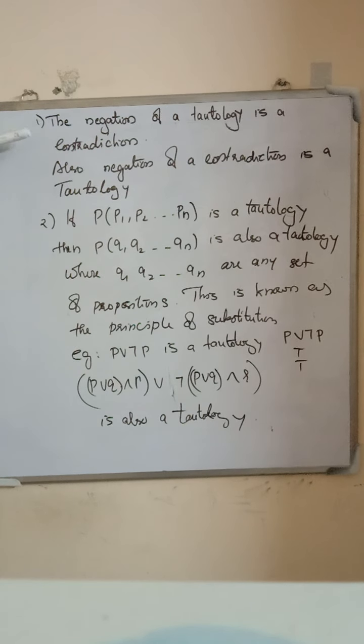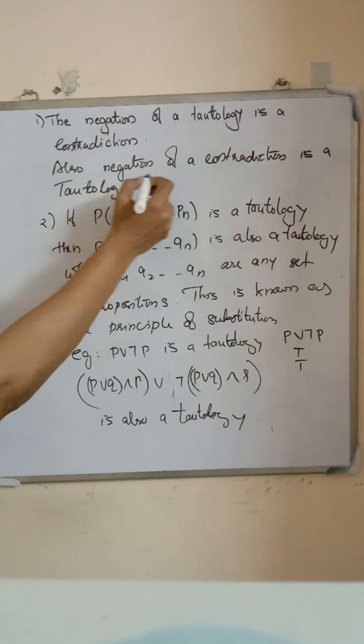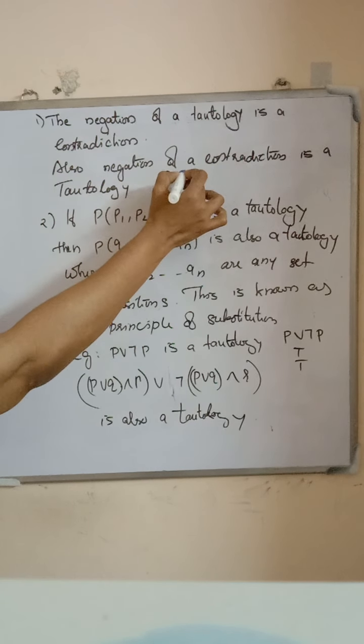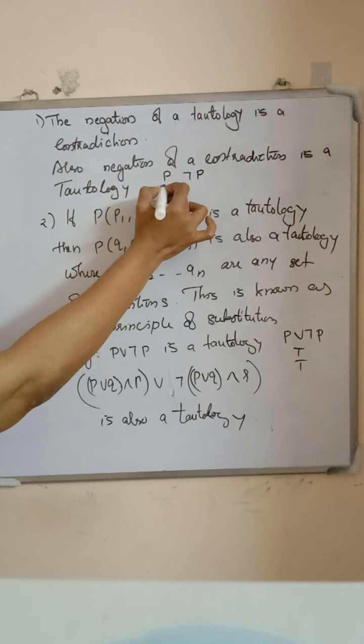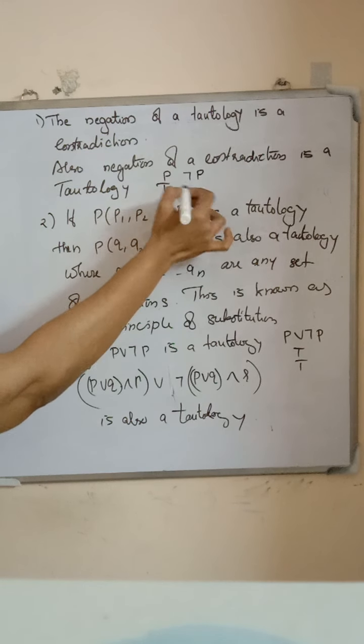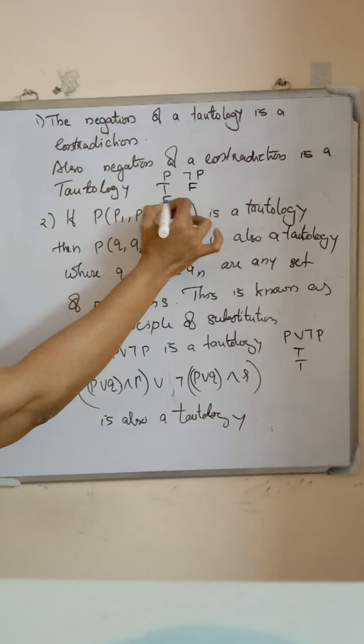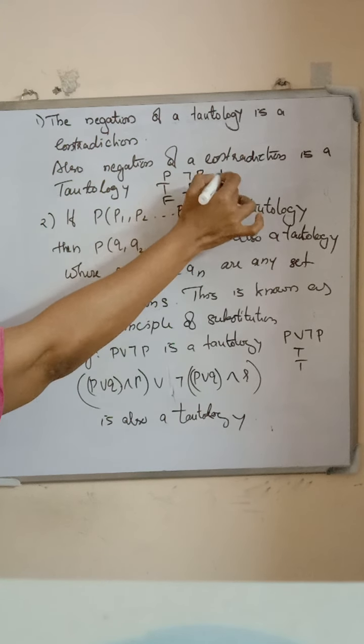The negation of a tautology is always a contradiction. Similarly, the negation of a contradiction is always a tautology. For example, we consider a proposition P and its negation. If P is true, negation P is false, and if P is false, negation P is true.